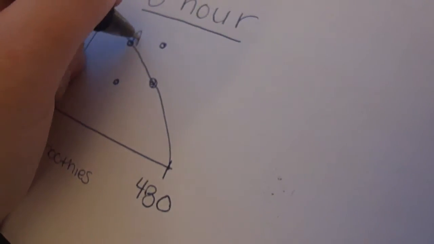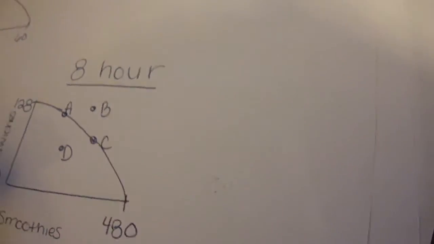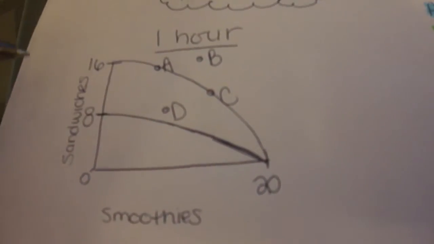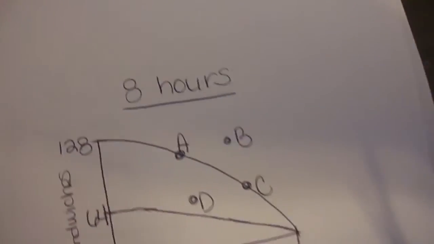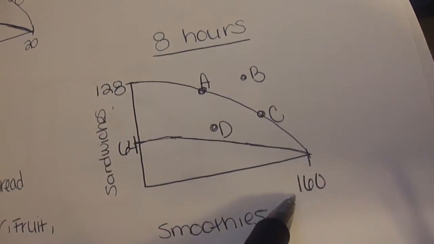And we can go ahead and do A, B, C, and D. So, again, in a 1 hour period, I can make 16 sandwiches and 20 smoothies. And in an 8 hour period, I am able to make 128 sandwiches and 160 smoothies.